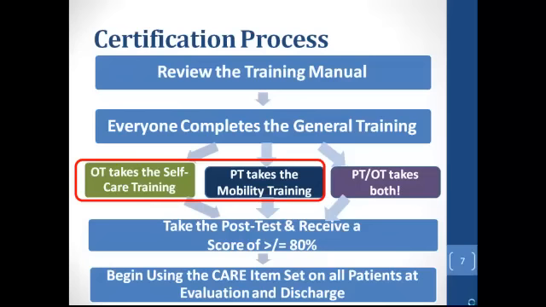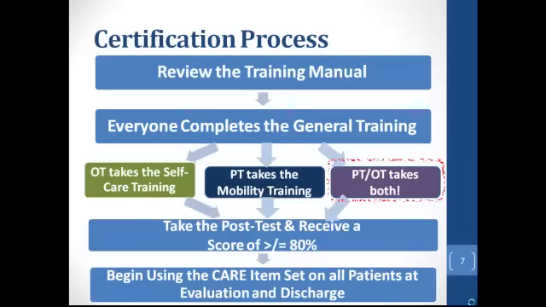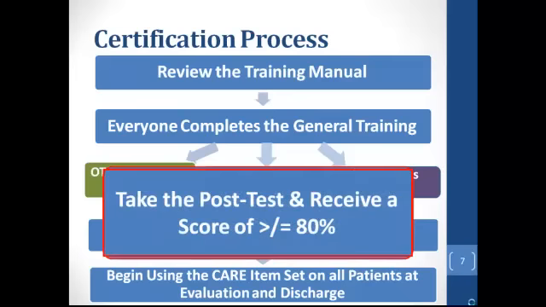So if a patient was only being seen by OT and not physical therapy, then there would be no mobility items collected on that patient. Some organizations will have PT and OT trained to be able to complete both sets of data. Once you have completed the learning modules for one or both of these as directed by your company, you will need to complete the post-test.